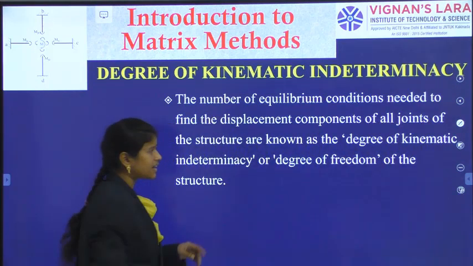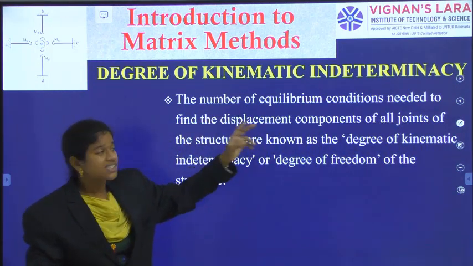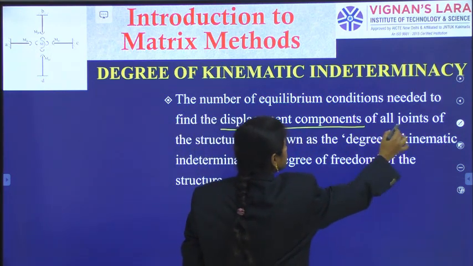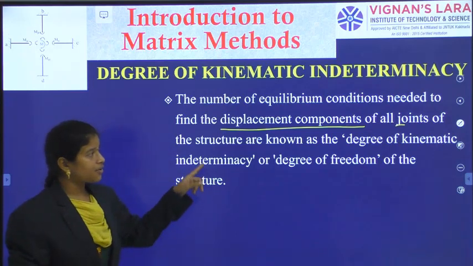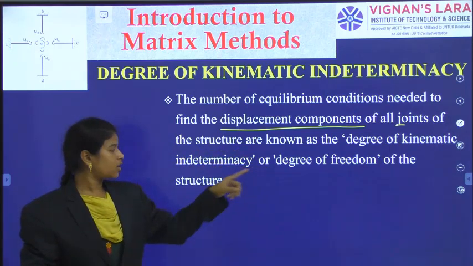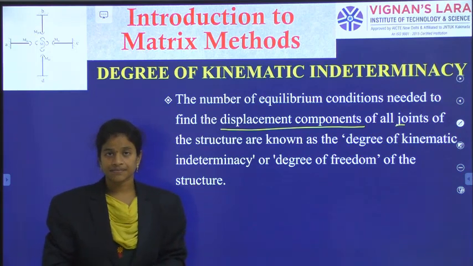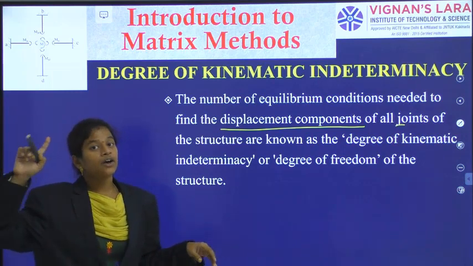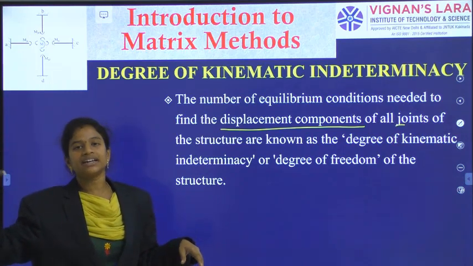Now, the number of equilibrium equations needed for finding the displacement components of all the joints of the structure are known as degree of kinematic indeterminacy or degree of freedom of the structure. Degree of kinematic indeterminacy or degree of freedom, that is different from degree of static indeterminacy or degree of redundancy.